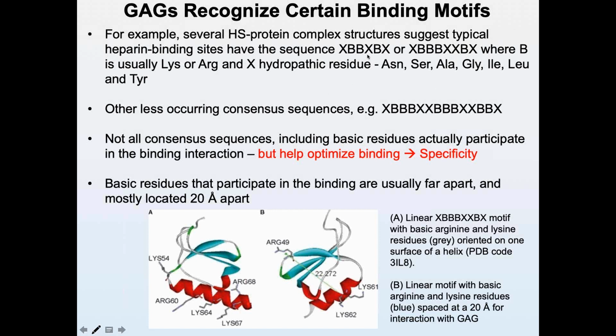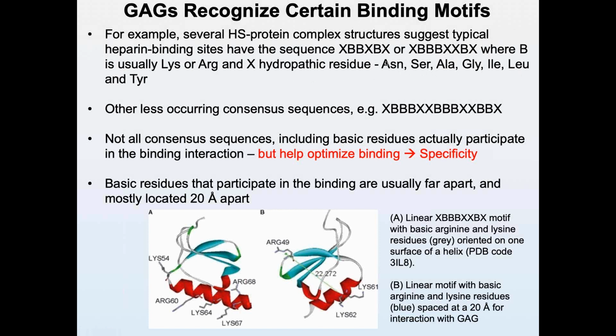X, B, B, X, B, X. X is any residue like asparagine, serine, alanine, glycine, isoleucine, leucine, and tyrosine. B is the basic residues. So you have several of these motifs, which allow GAG to recognize the protein. If you don't have these motifs, even though you may have basic residues, GAG cannot recognize.